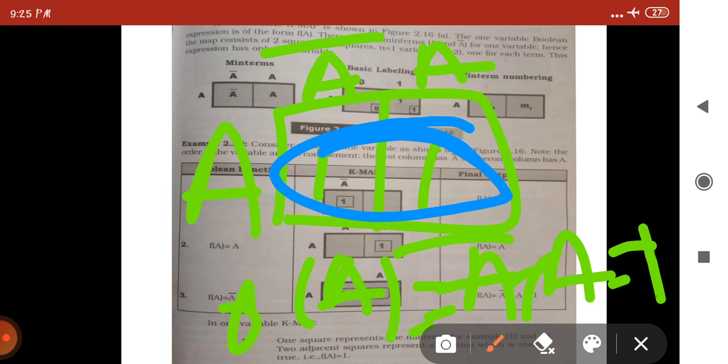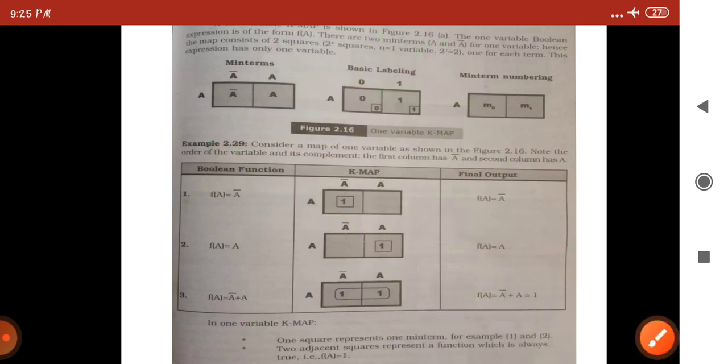We have done a group, it is called a K-map. In a one variable K-map, one square represents the minterms. For example, the two adjacent squares represent the function which is always true, that is f of a equals 1.